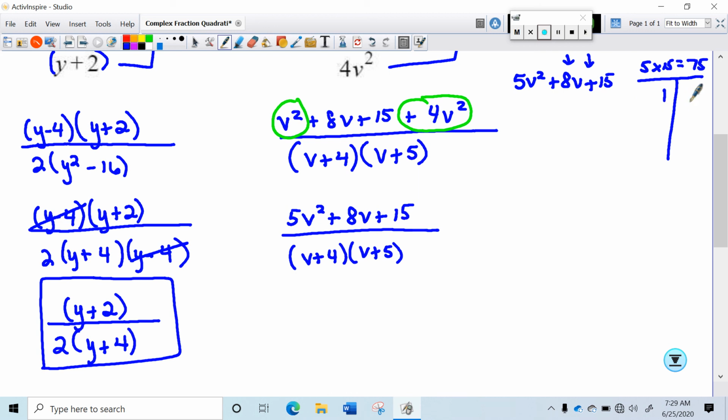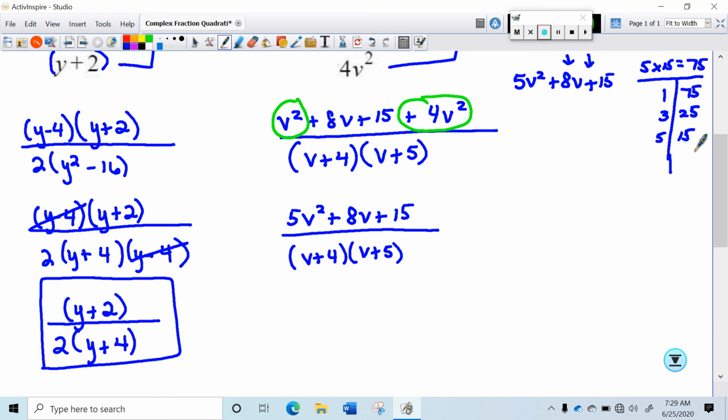So 75 divided by 1 is 75. 2 doesn't work. 75 divided by 3 is 25. 75 divided by 4 doesn't work. 75 divided by 5 is 15. 6 doesn't work. 7 doesn't work. 8 doesn't work. 9 doesn't work. 10 doesn't work. 11 doesn't work. 12 doesn't work. 13 and 14 don't work.